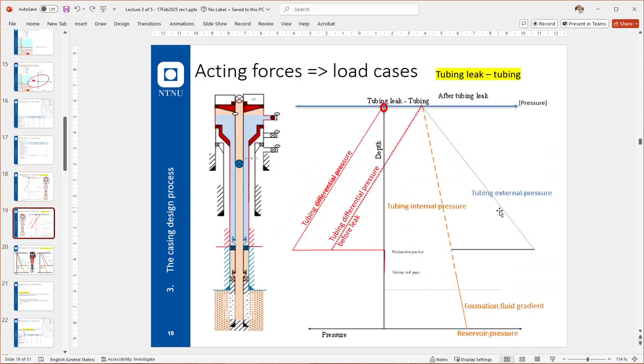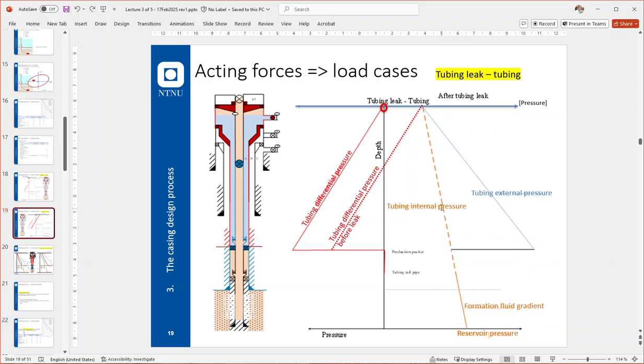So the external pressure gradient goes from where the internal tubing pressure, or shut-in tubing pressure, goes and out. So we have a much higher pressure in the annulus now. We have the shut-in tubing pressure plus the gradient going down.